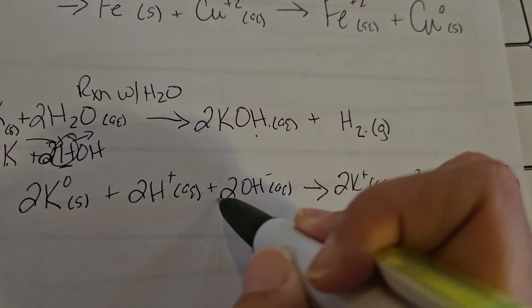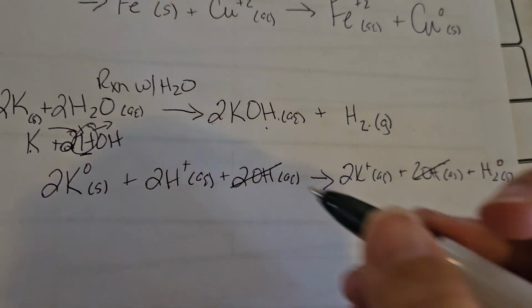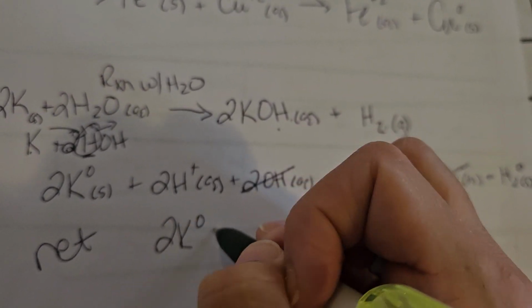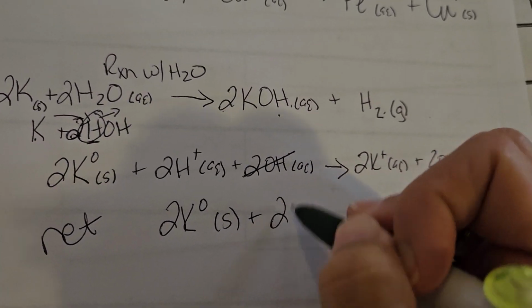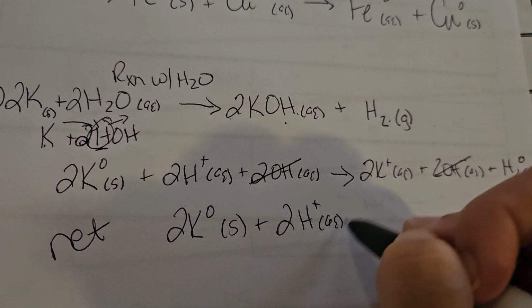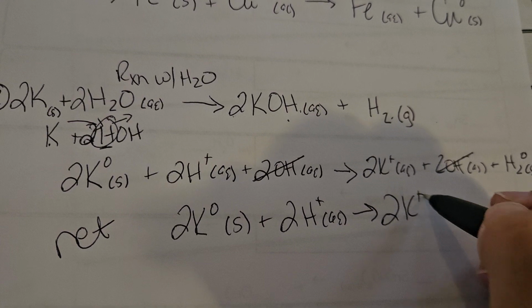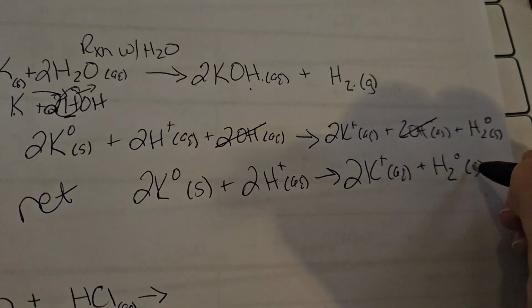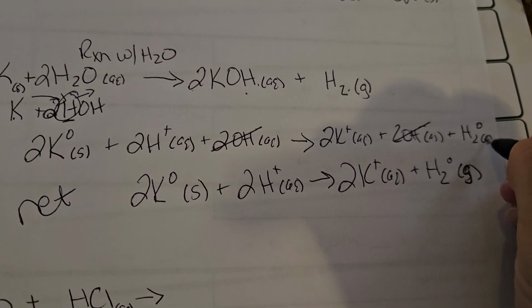Spectator ions, we've got 2 OHs and 2 OHs, so our net is 2 K0 plus 2 H plus aqueous yields 2 K plus aqueous plus H2 gas. Sorry, gas.